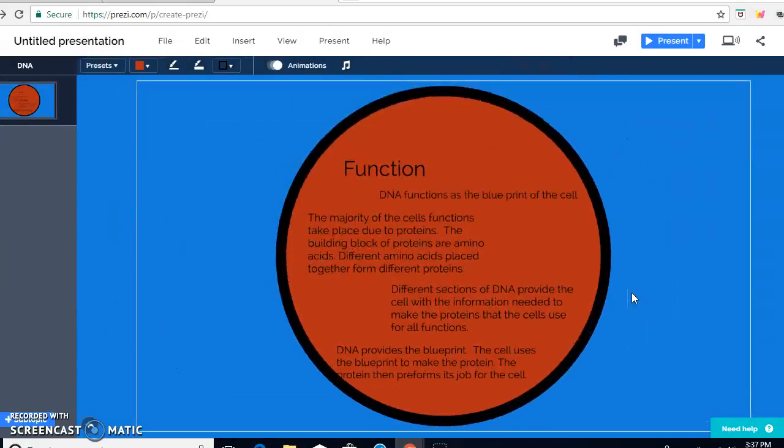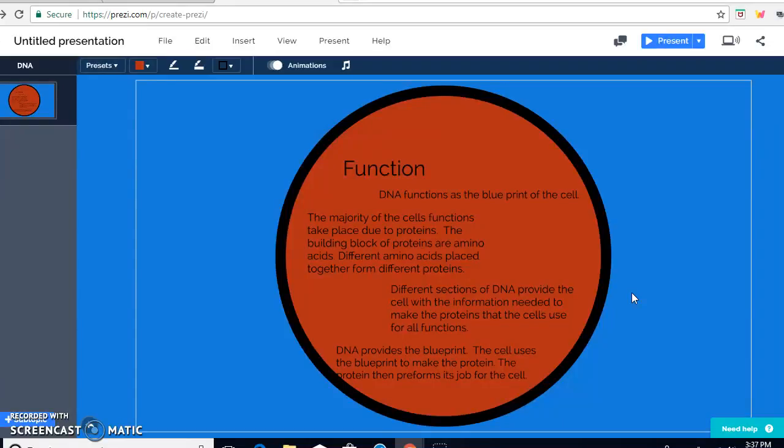Now, the function of DNA. DNA functions as the blueprint of the cell. The majority of the cell's functions take place due to proteins. The building blocks of proteins are amino acids, and different amino acids placed together form different proteins.